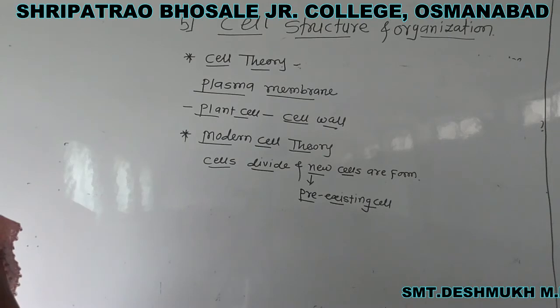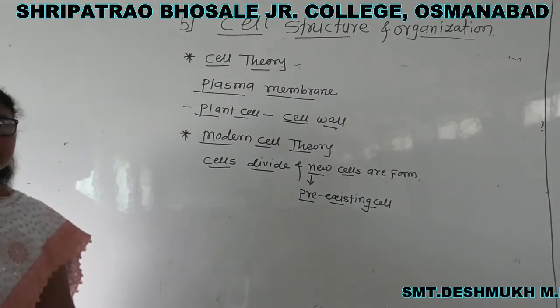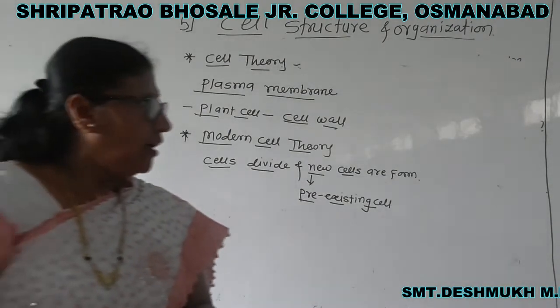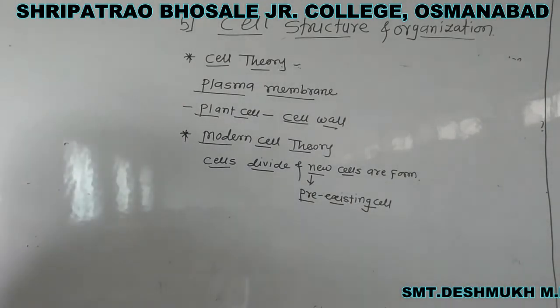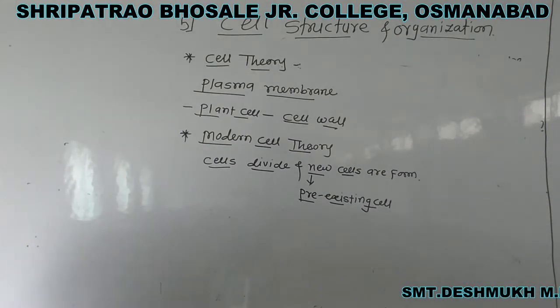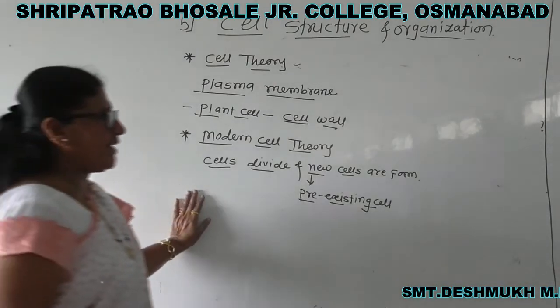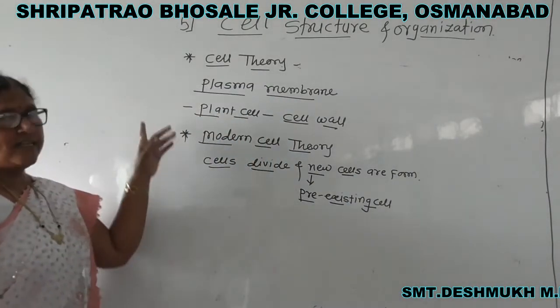The meaning of cellula is the smallest compartment. The word cell was introduced by Robert Hooke in 1665. Then the English botanist Robert Brown discovered the nucleus in the cell.